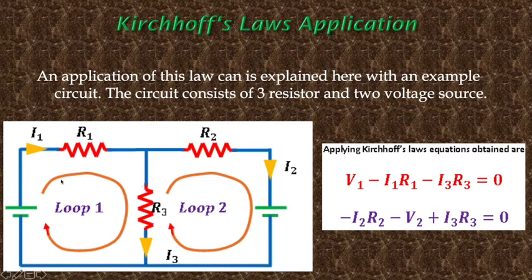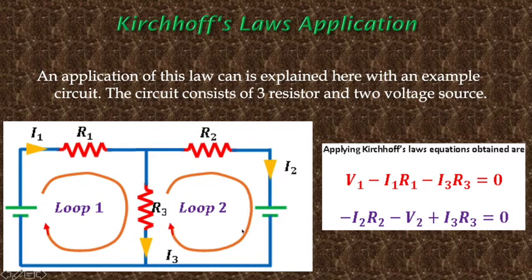Here consider 2 loop equations, loop 1 and loop 2. Then applying KVL for loop 1, the equation is V1 minus I1R1 minus I3R3 equals 0.